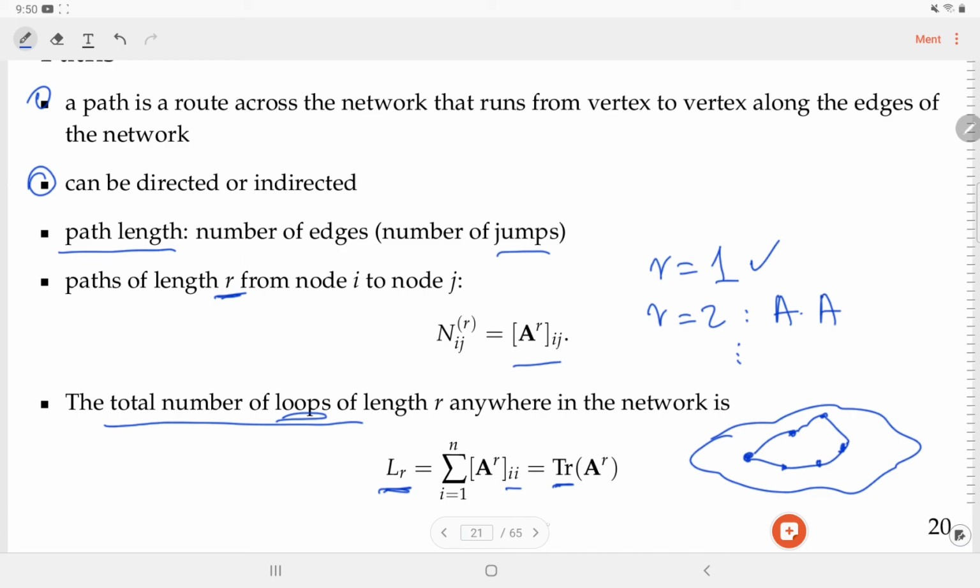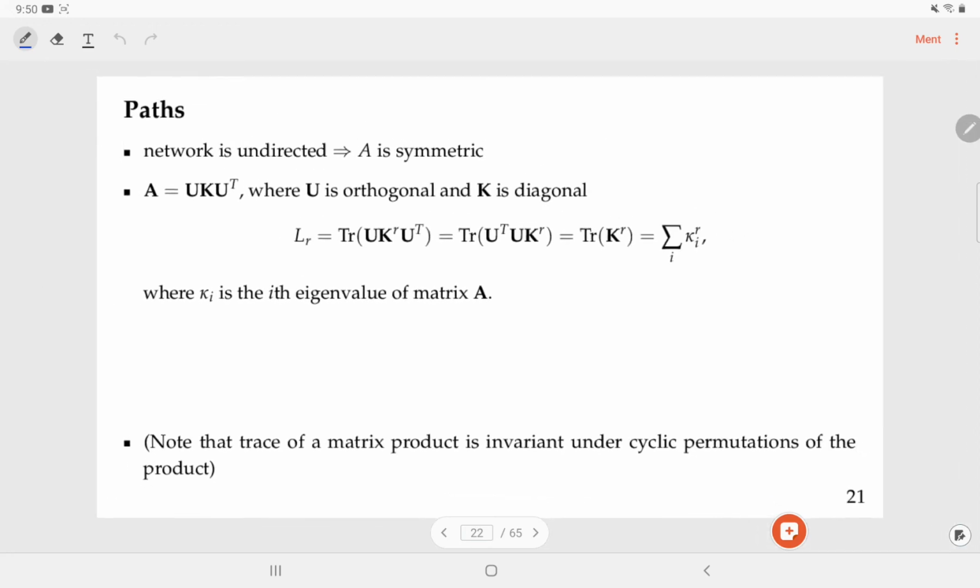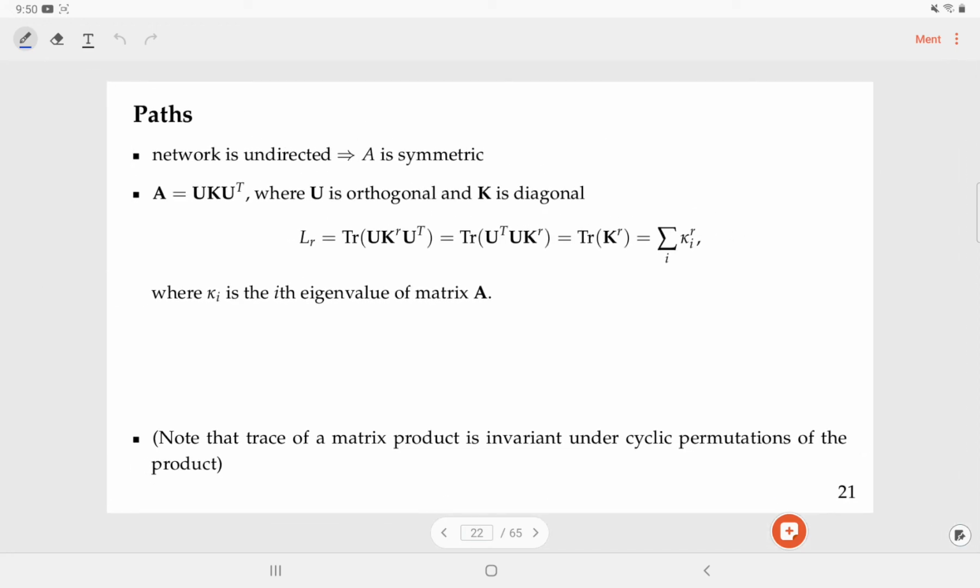So that's just a notation. And the path can be considered with a symmetric adjacency matrix or an unsymmetric adjacency matrix. If a network is undirected, then of course A is a symmetric matrix.